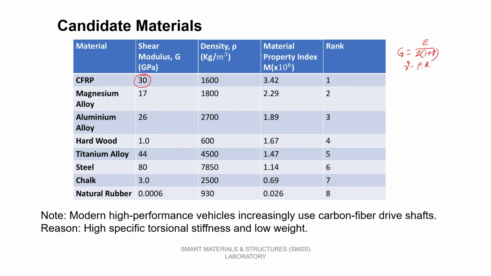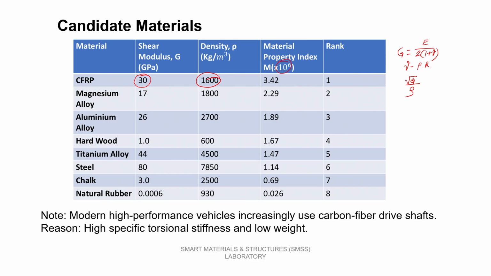So, the G you can get like that, 30 GPa, density is 1600, and then if you apply this for the material property index, square root of G over rho. Now, you can see that G is in gigapascal, so we have kept one additional multiplication factor, which is 10 to the power 6.